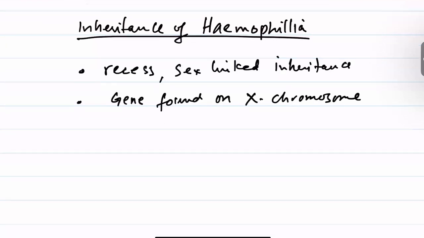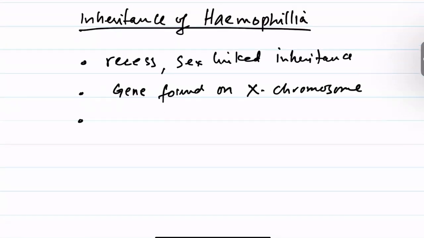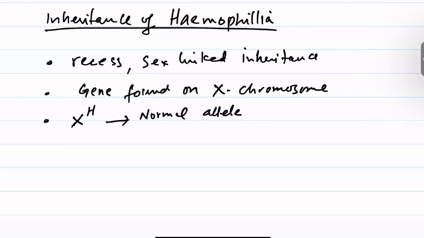Okay, so a person with X, H capital, has a normal allele which controls formation of a protein.